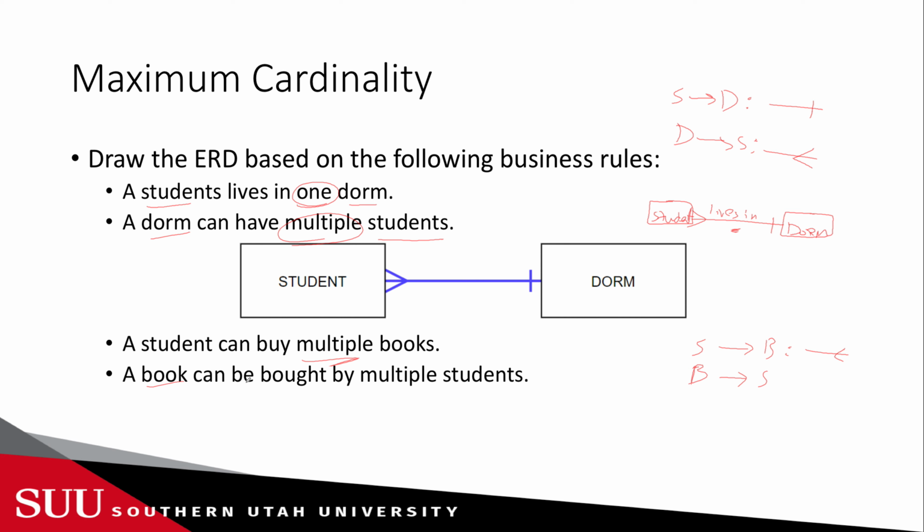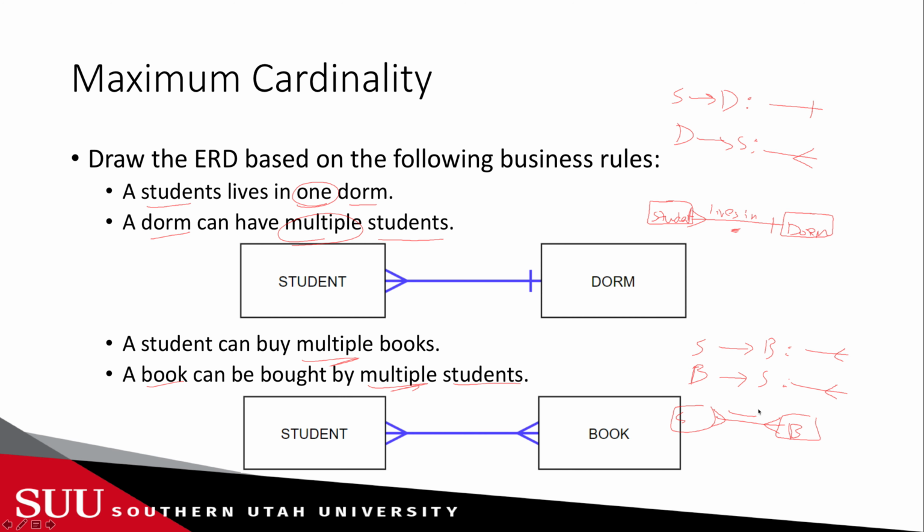And from book to student, again, we also have a multiple keyword, which is a many relationship. So we will have something like this, student, and then books here, and we'll have many on this side and many on this side, and we'll just say can buy or buys. And this is going to be our final ERD.